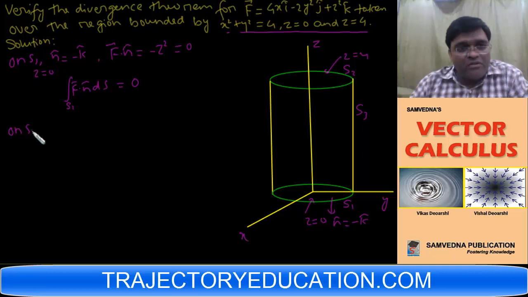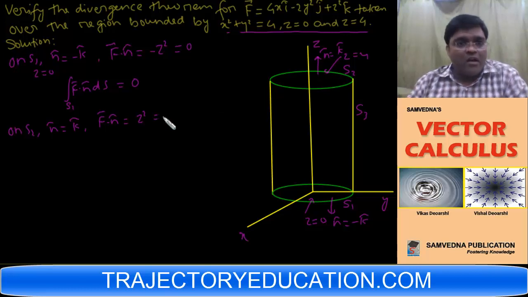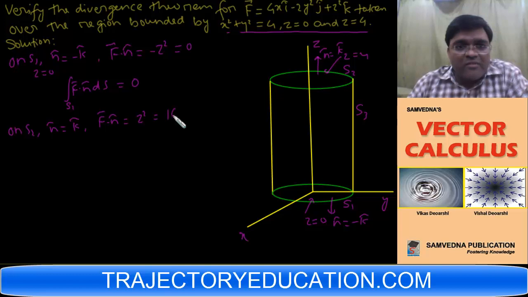Now let's calculate the surface integral on S2. On S2 your n is k. So your f dot n is going to be z square, and at S2 z is 4, so this will be equal to 16.